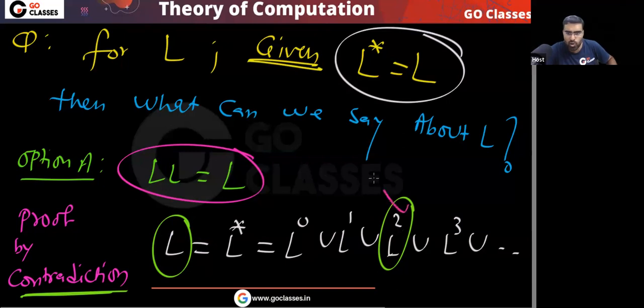If that string belongs to L square, then it will belong to L star also, and then this will not happen. And if that string belongs to L, then it will belong to L star.